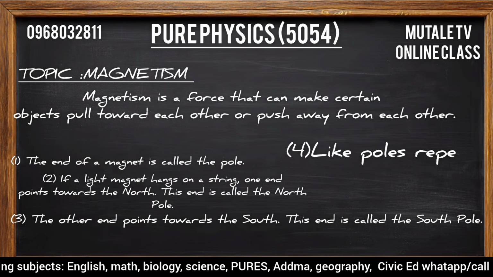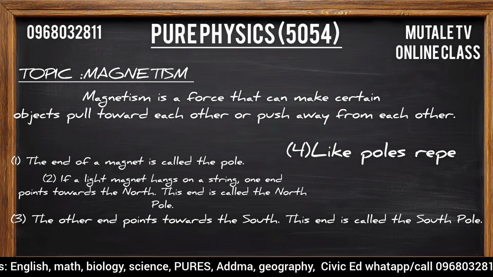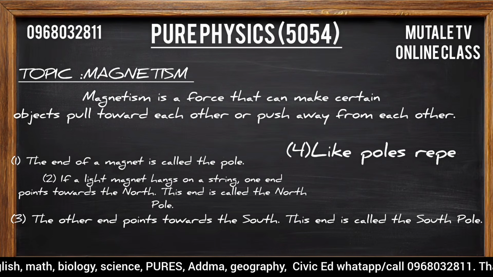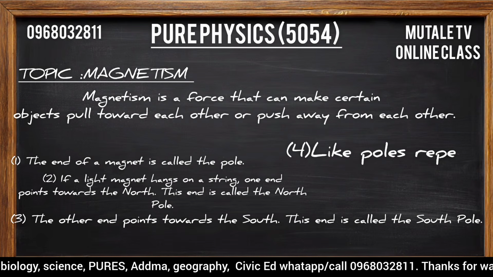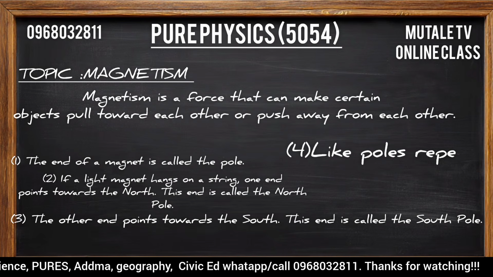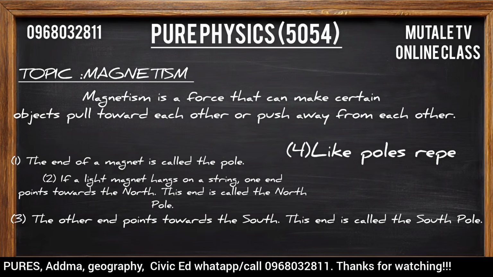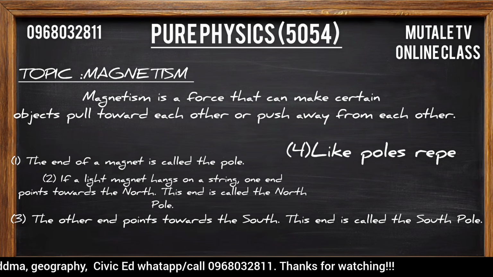Like poles repel. Meaning that when you get two magnets, the north pole of the first magnet and the north pole of the second magnet, and you try to make the two connect, you'll find that those two magnets will repel because you are trying to make contact on the same poles.